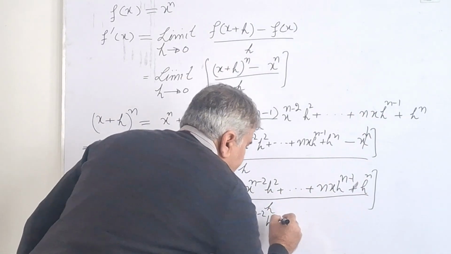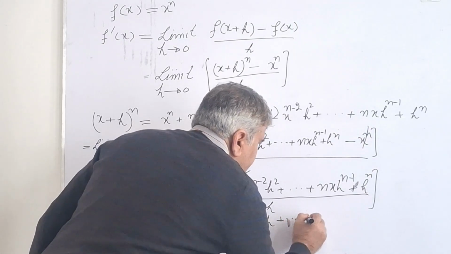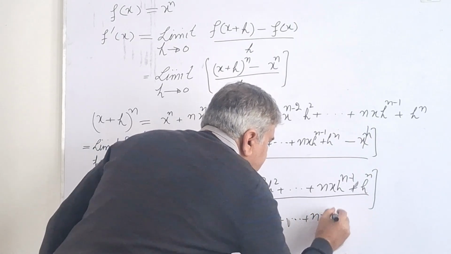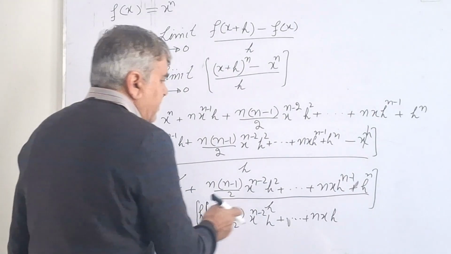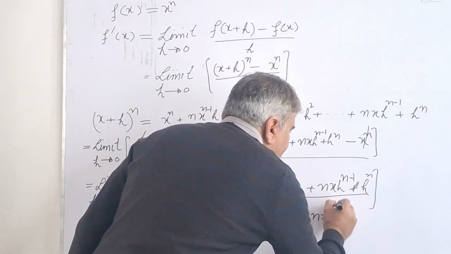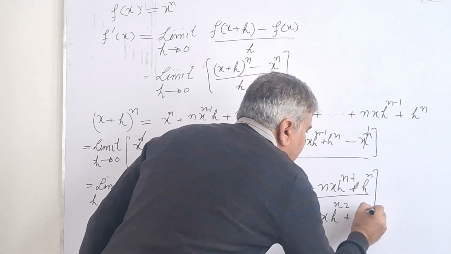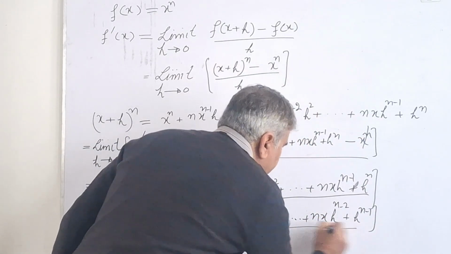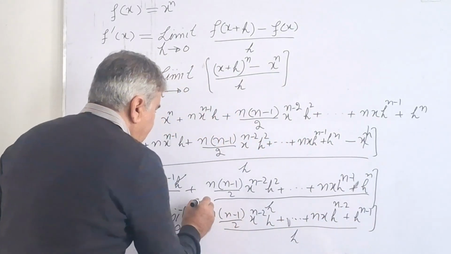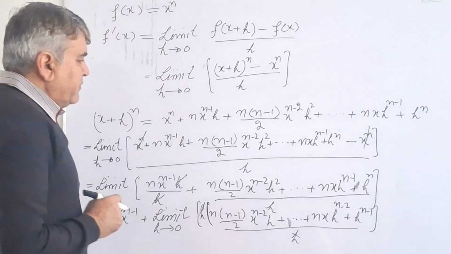With that I can write this plus nx h, and this one, since I'm taking h common, will become n minus 2 plus h n minus 1, the whole divided by h. I can cancel this h with this one, and now what do we have?